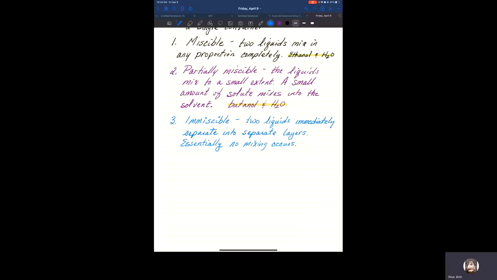And finally, for the immiscible, vegetable oil and vinegar, which is a water solution. And I think that's all I want to talk about.